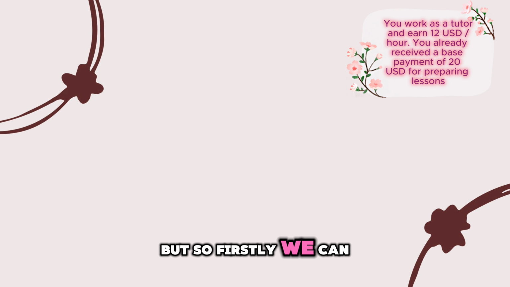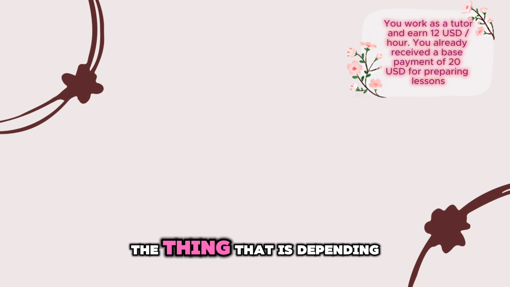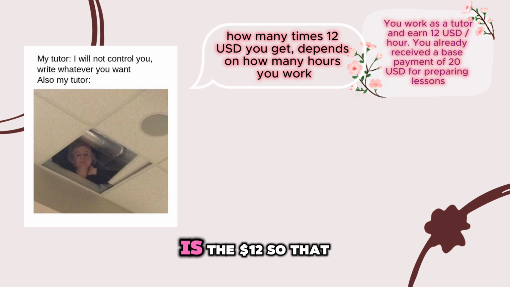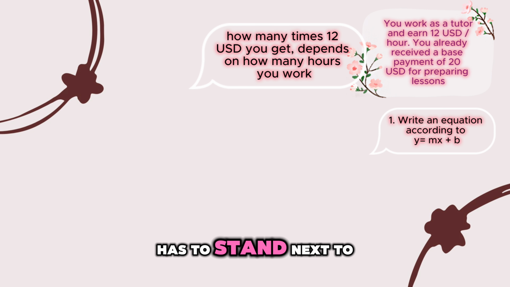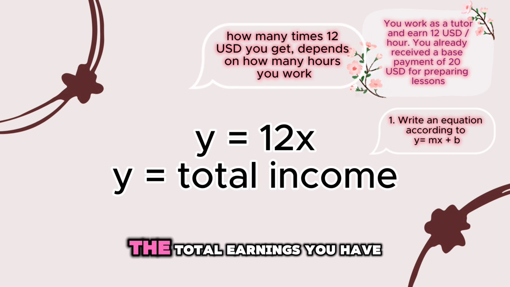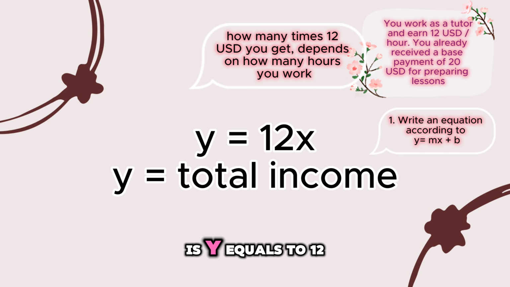But firstly, we can see that the thing that depends on how many hours you work is the $12. So that has to stand next to x. So right now the total earnings you have is y equals 12x.